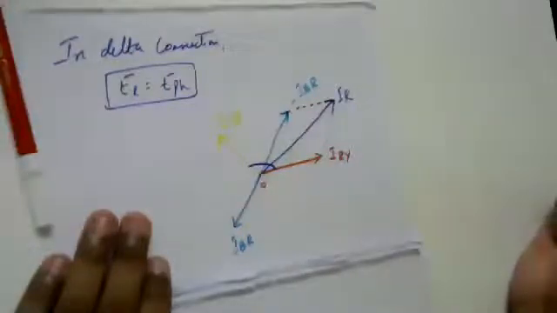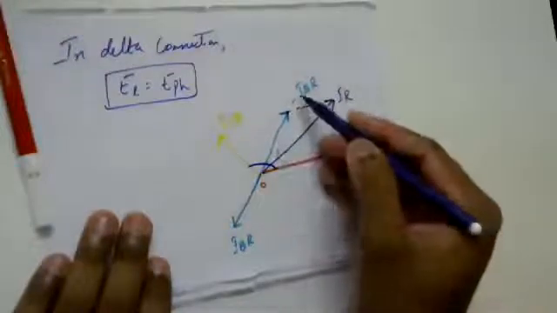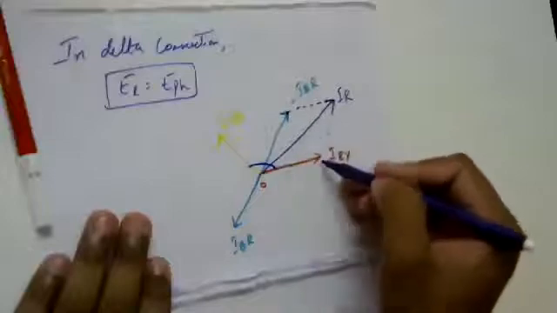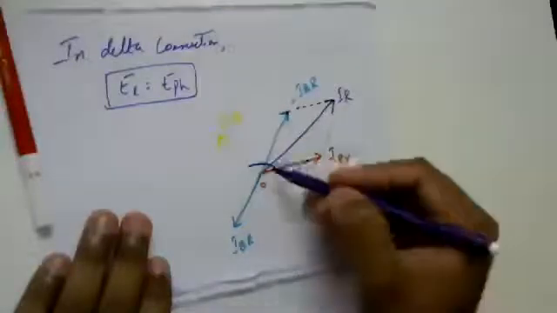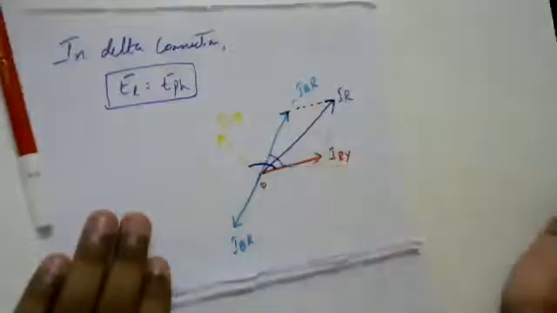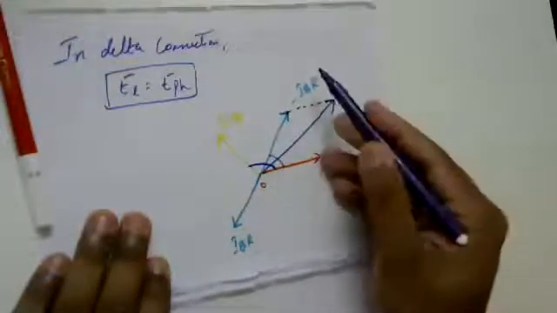120. Good. Now, you have drawn this minus IBR vector which has moved exactly in the center of IRY and IYB. Then what is this angle? 60 degree, because your minus IBR is moving exactly in the center.